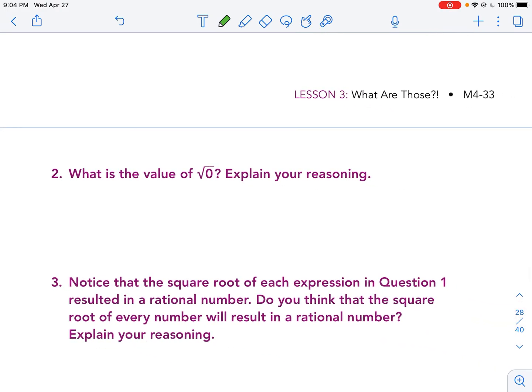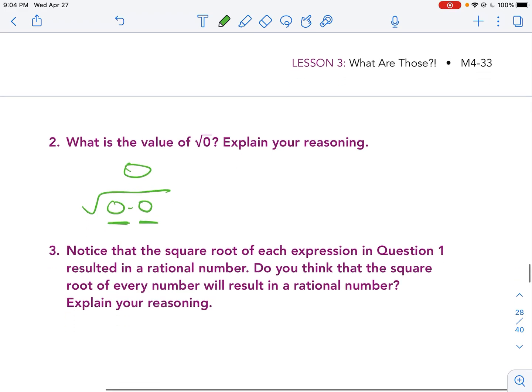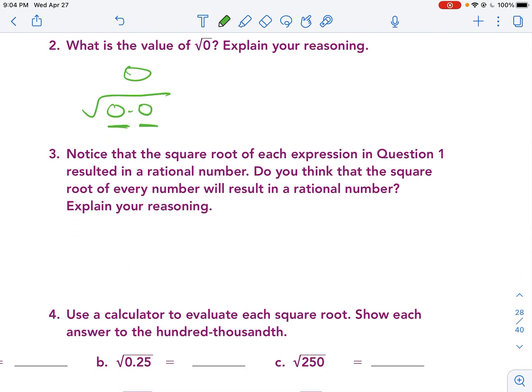Okay. So what is the value of the square root of 0? Well, what times itself gets 0? What times itself gets 0? 0. Because it has to be two numbers that are exactly the same. Do you think the square root of every number will be the result in a rational number?